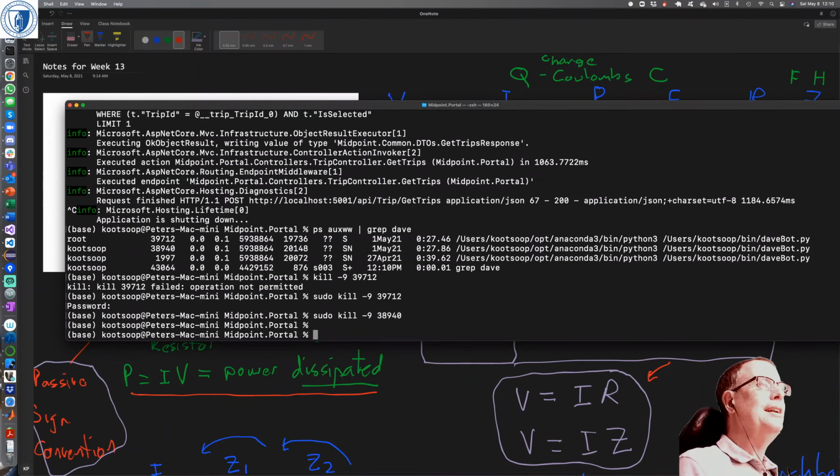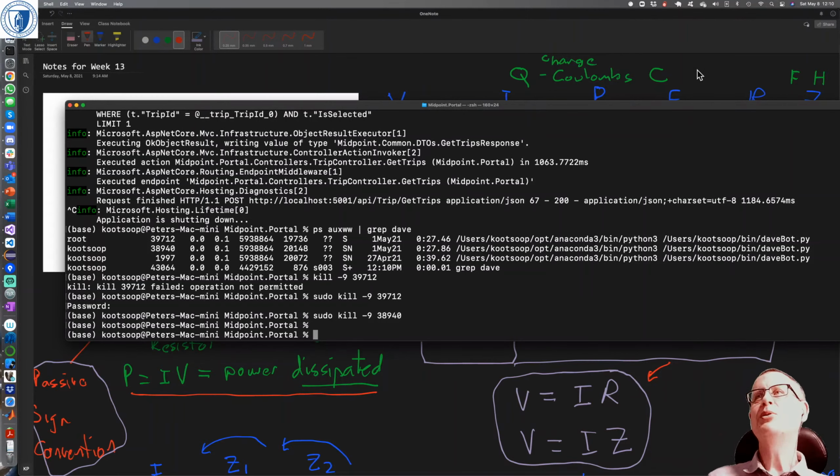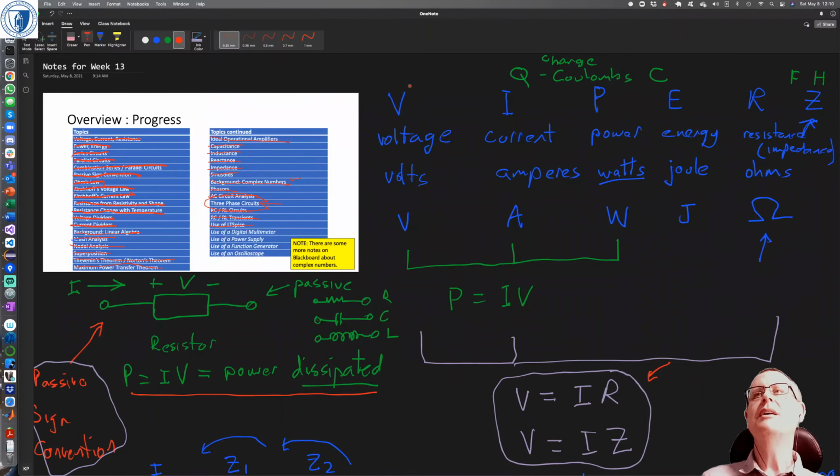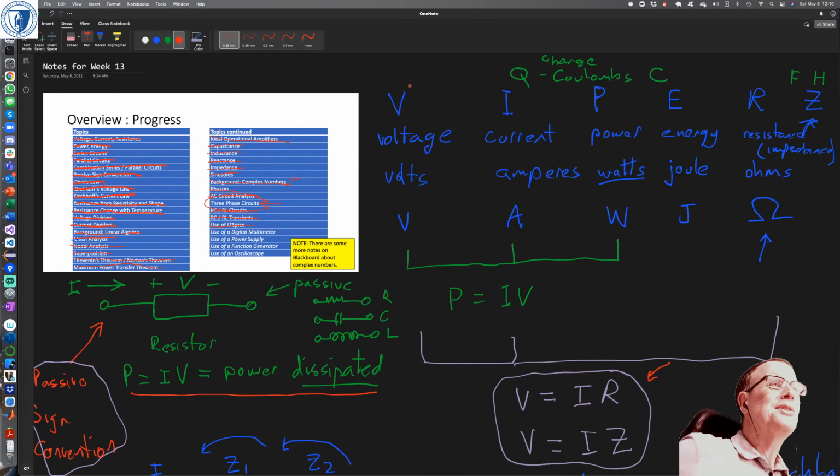Michael Matthews, any thoughts about why we might be interested in three-phase circuits? Okay, so there's a line here which says three-phase circuits. What do you think a three-phase circuit might be, and why would we be interested in it?